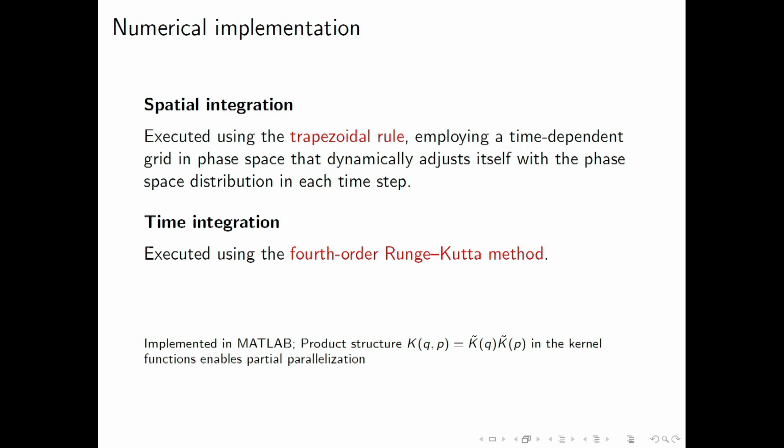In the future, we could improve both of them. For example, if Gaussian functions are used as the kernel functions, we could use Gauss-Hermite quadrature in the spatial domain and symplectic integrators for the time integration, which fit the Hamiltonian structure. And for now, this is implemented in MATLAB.